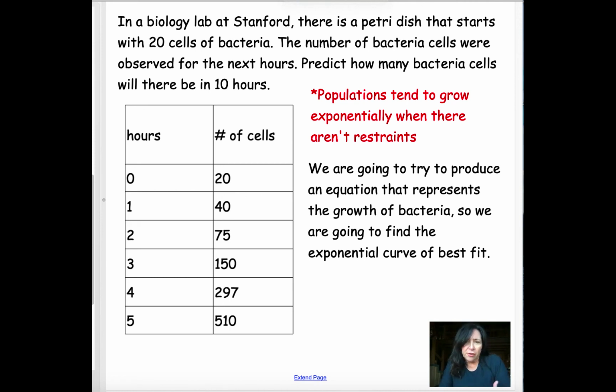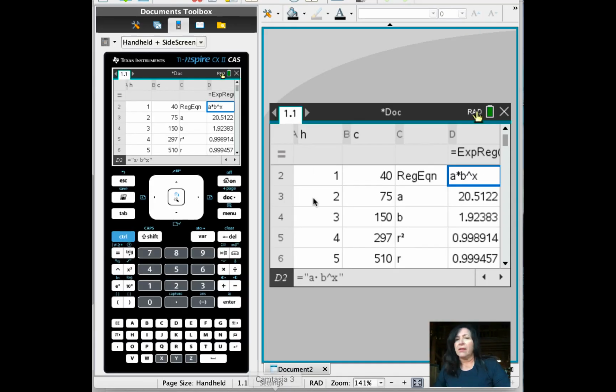So what we're trying to do is come up with the equation that represents the growth of bacteria. When I plugged my values in, and you should type that in your calculator as well, I ended up getting A was 20.512 and B was 1.924.